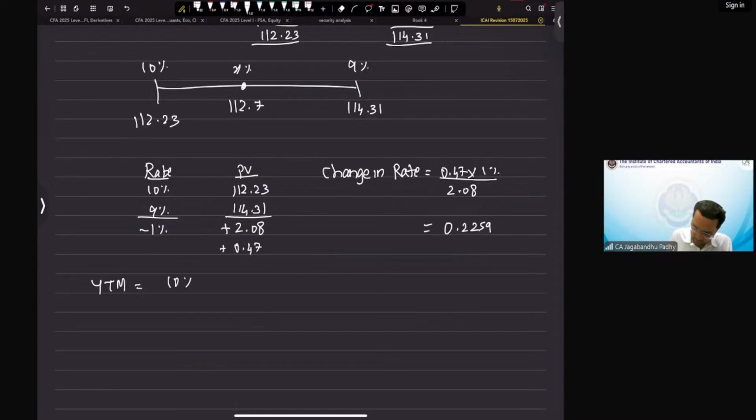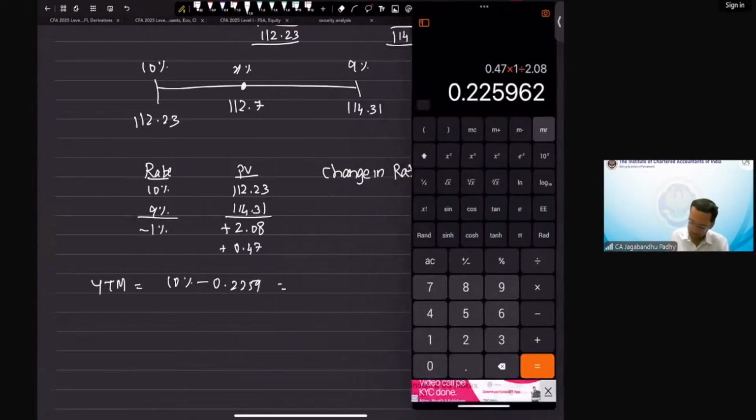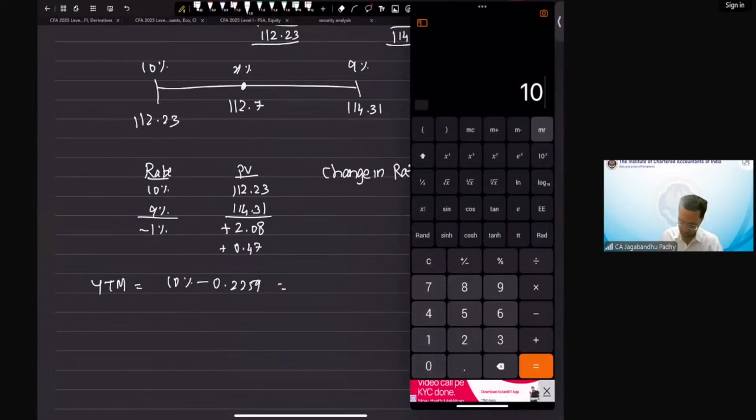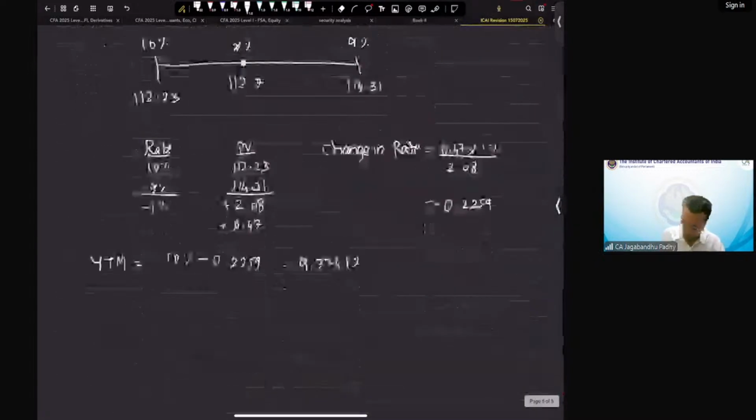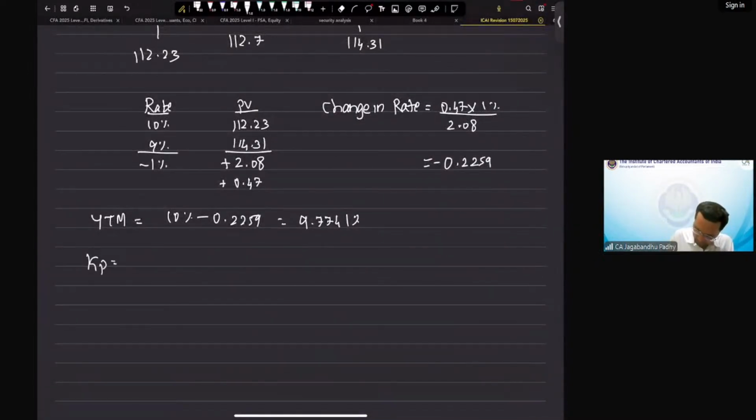That's going to be 10% minus 0.2259, which is 9.7741%.